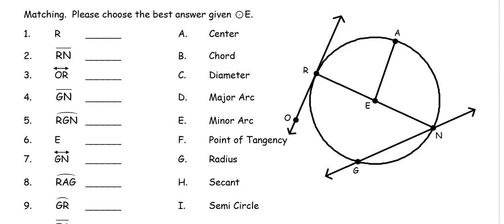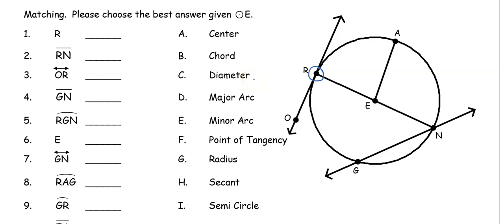When we look at number one, we see just the letter R. Just the letter R is talking about the point R. So if I look at my diagram, I'm looking at the point R right here. It's asking, what is point R? Is it the center of the circle? No, the center of our circle is right here in the middle at E. A chord is a segment, which means it needs two letters.